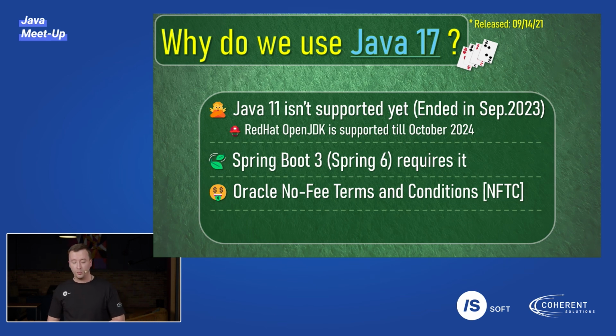Okay, what else? Before in Spring, sorry, Eugene. Before, in case of Java 11, Oracle had not really obvious rules about in what cases Oracle requires you to pay money for the Java 11 bundle.